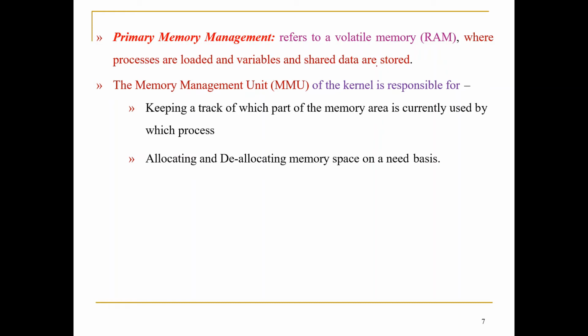Simple. Memory management is a task done by your operating system. So the operating system will be managing the primary memory, the volatile memory, that is RAM, where the required processes are loaded and the variables and shared data are stored. That's what I said. The required codes and the data are stored in the respective memory.